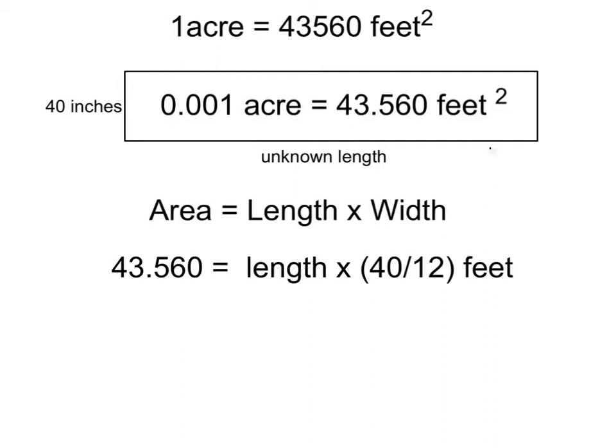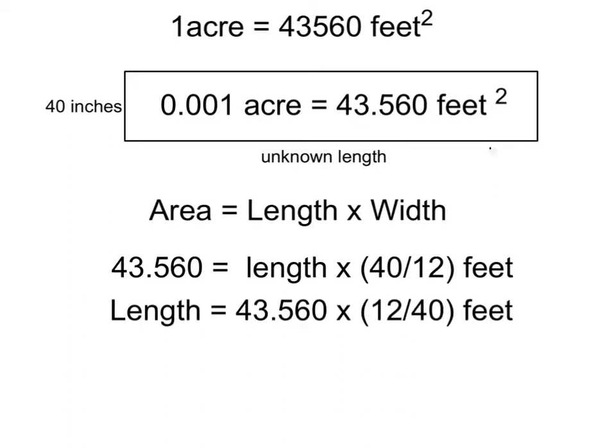Now, since we have an area of 43.560 and a width of our rectangle of 40 inches, which we could express as 40/12ths of a foot because there are 12 inches in every foot, this would give us a length then of 43.560 times 12/40ths, because you may remember that to divide by a fraction, you multiply by that fraction's reciprocal.